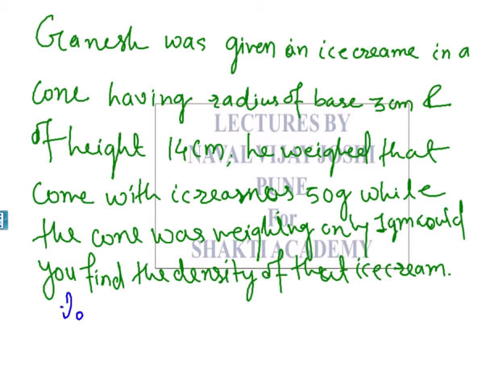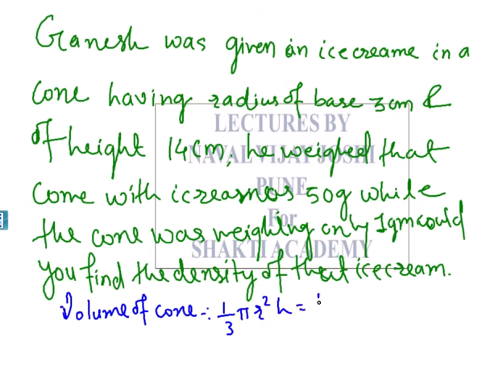First of all, you know that before going towards mass, we would find out the volume of cone. The volume of cone is equal to 1/3 pi r square h. You know this formula.